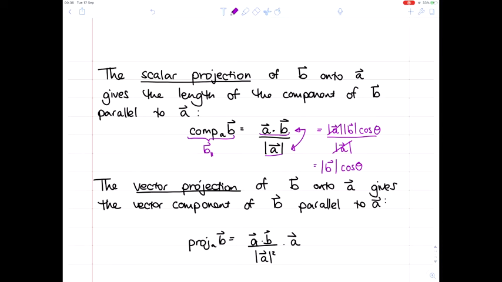So that is projecting our vector A onto our vector B.